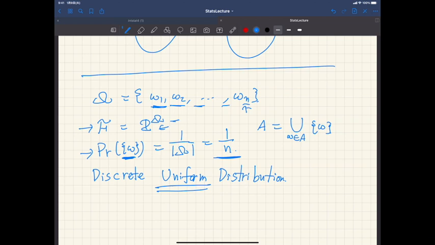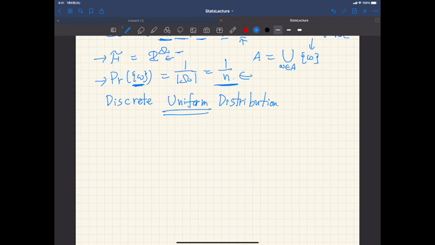Singleton means a subset containing only one element. So if we define this, then we can derive all other probability measures for any other subsets of omega. Let's see some examples.